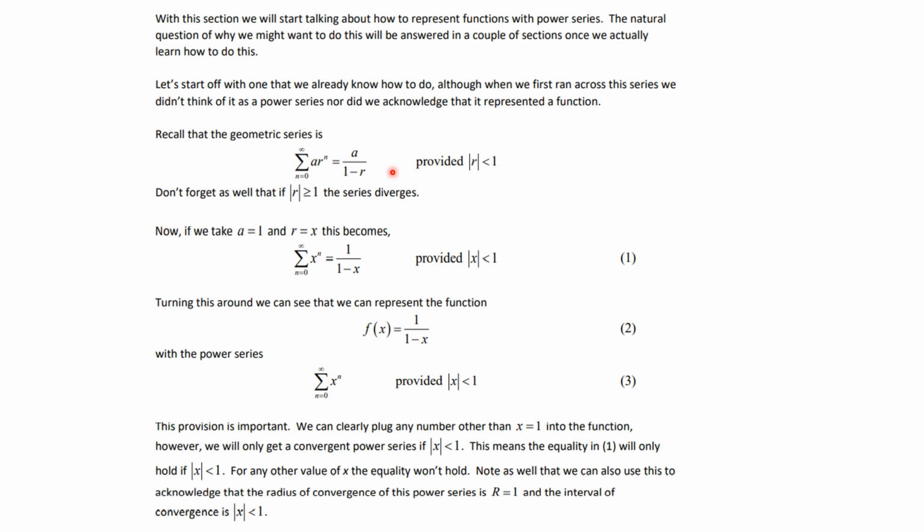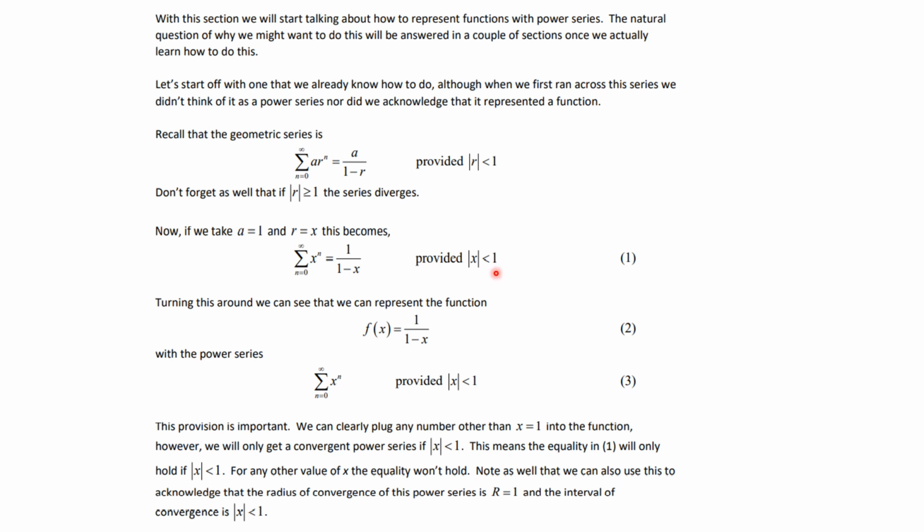Now let's consider this series, but take a to be 1 and r to be x. Then this equation becomes the summation n equals 0 to infinity x to the n equals 1 over 1 minus x, provided that the absolute value of x is less than 1.